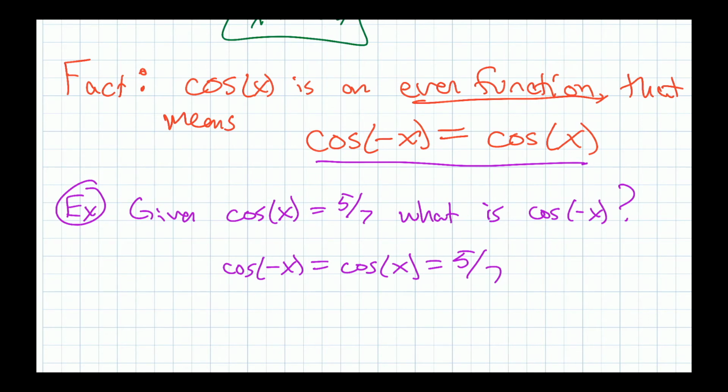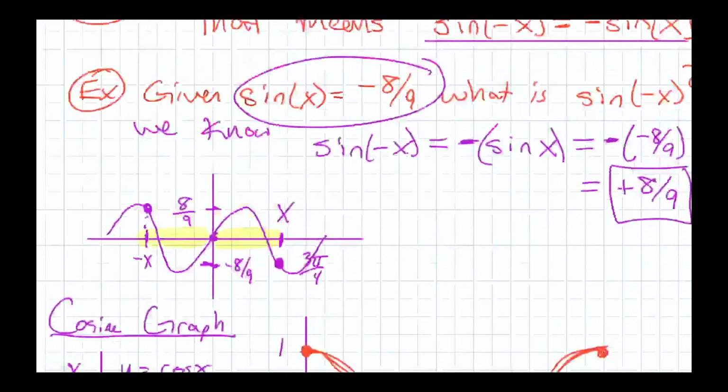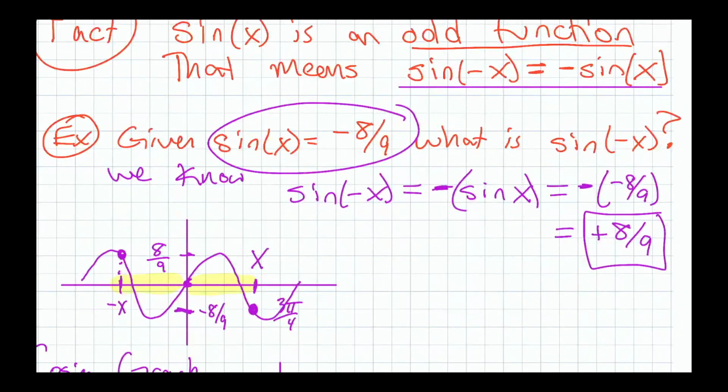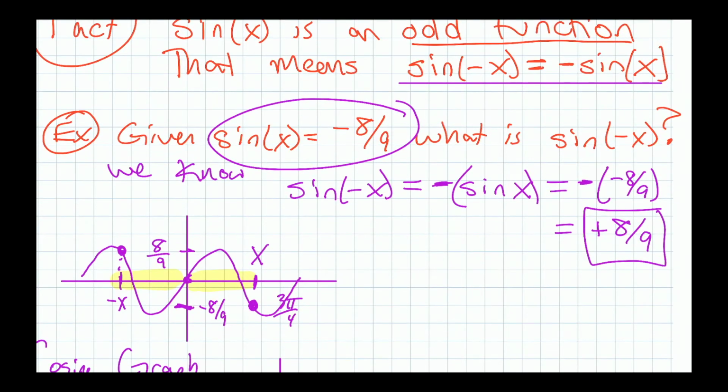So the difference between the sine problem and the cosine problem is that this is the same sign as the original. Whereas with the sine function, right, they gave me negative 8/9 and the answer was positive 8/9. So it was the opposite sign.